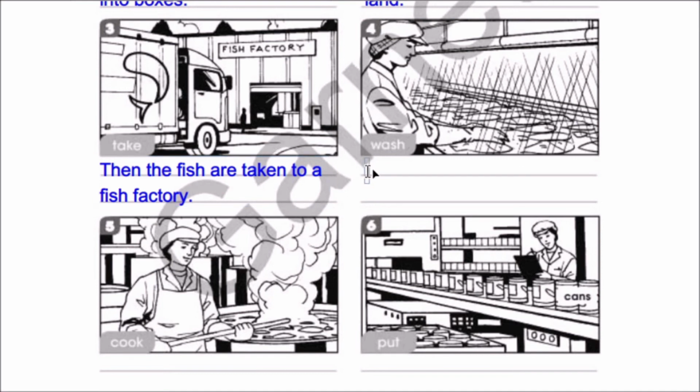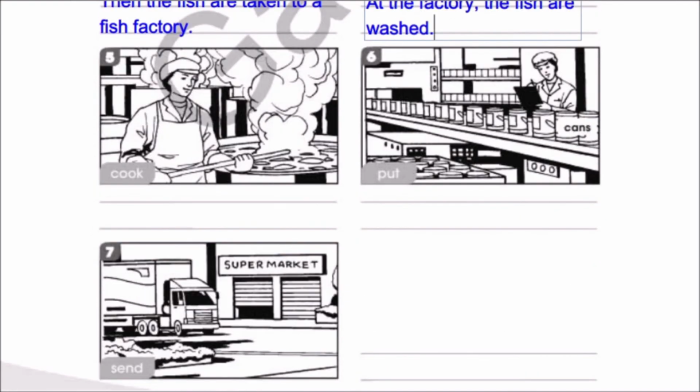So we'll say at the factory the fish are washed. Very good. And then we have cook. We say then they are cooked. Very good.